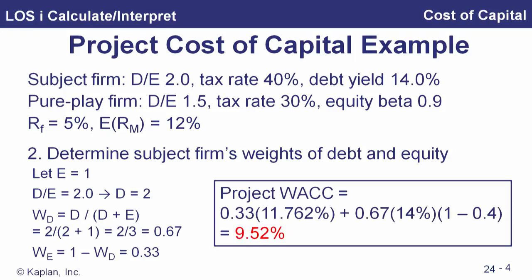So once we have those, we can calculate our project weighted average cost of capital here. Here's our weights right here. Here is our cost of debt adjusted for tax. Here is the cost of equity that we got from unlevering and relevering the project beta from our pure play firm, and then plugging into the weighted average cost of capital formula.